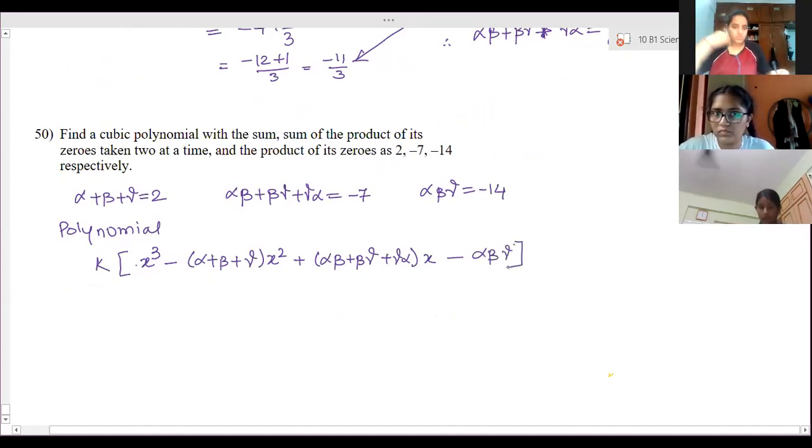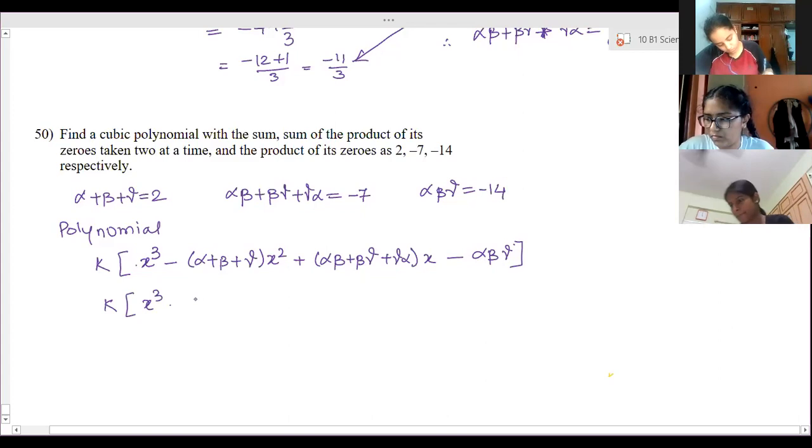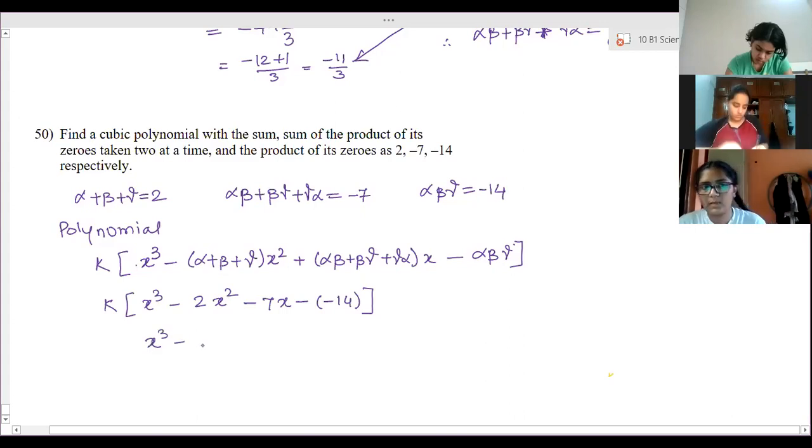So this is the format of a polynomial. In this, substitute the values. K in bracket x cube minus 2x square minus 7x minus of minus 14. That's all. That's it.